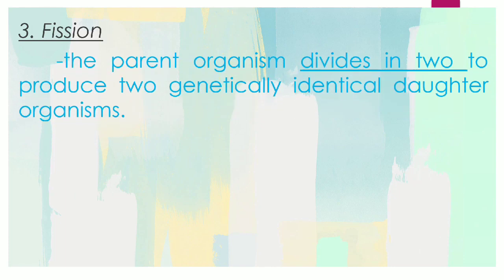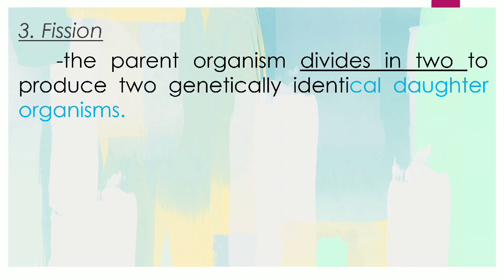The third one is called fission, also known as binary fission. The parent organism divides in two to produce two genetically identical daughter organisms. Fission is the simplest method of asexual reproduction.